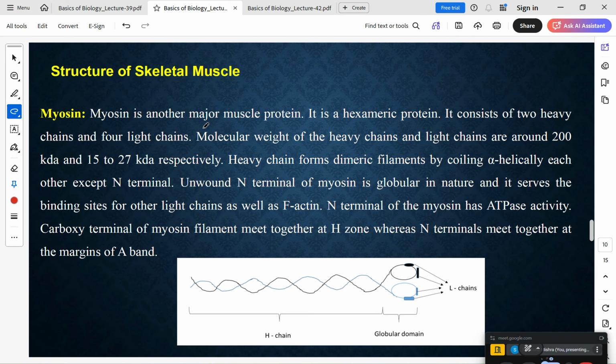Myosin is another major muscle protein. It's hexameric in nature. There are 2 heavy chains and 4 light chains. The heavy chains are around 200 kDa and the light chains are around 15 to 27 kDa.